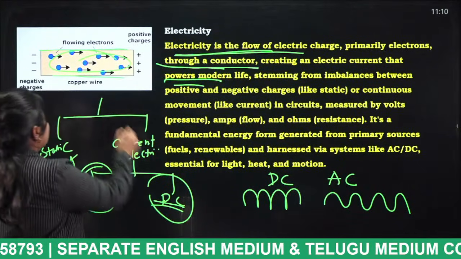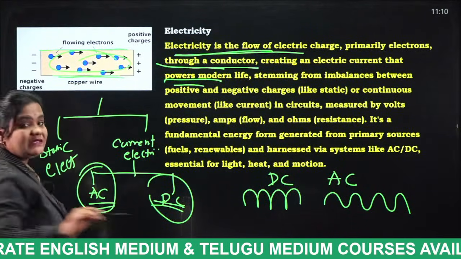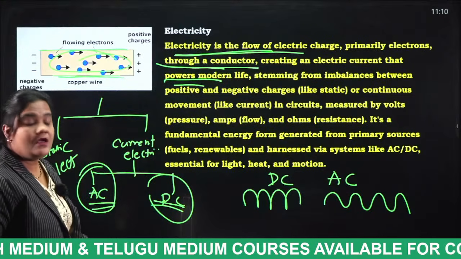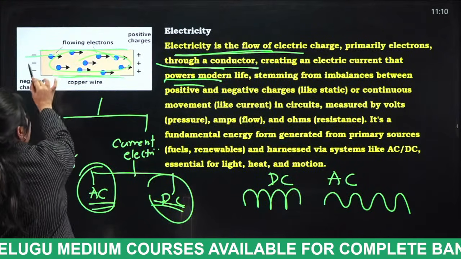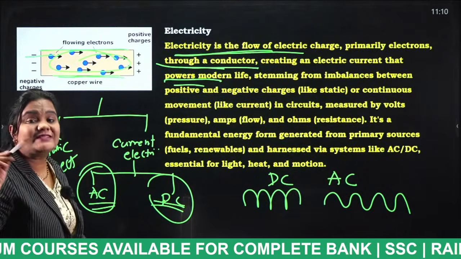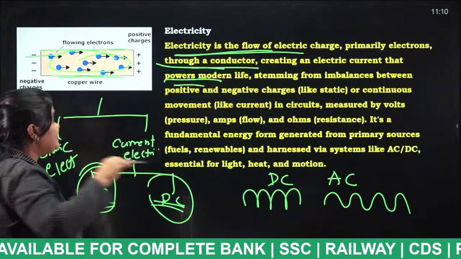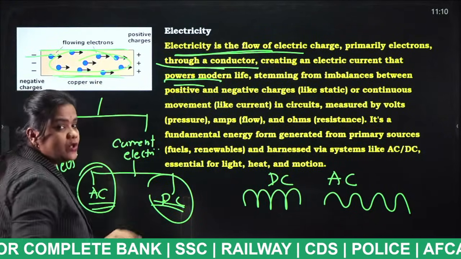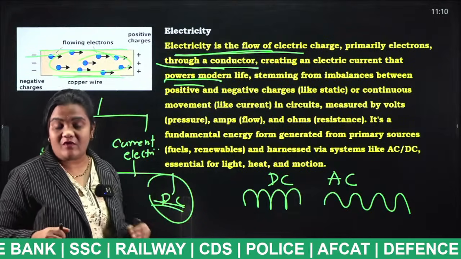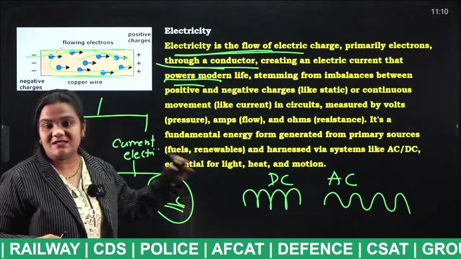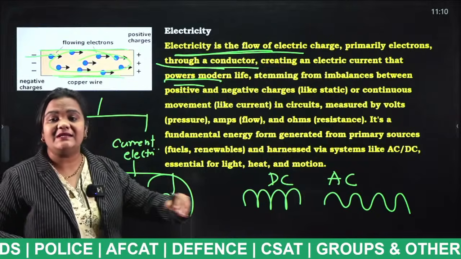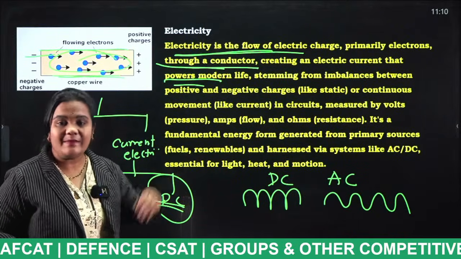This is copper wire, a conducting material. What is happening here, students? Flow of charges, especially electrons, is taking place there. So electricity is generating, and that electricity we are using for many purposes.